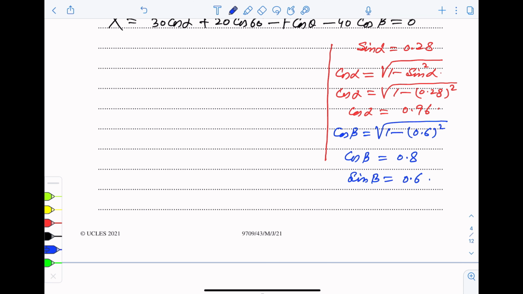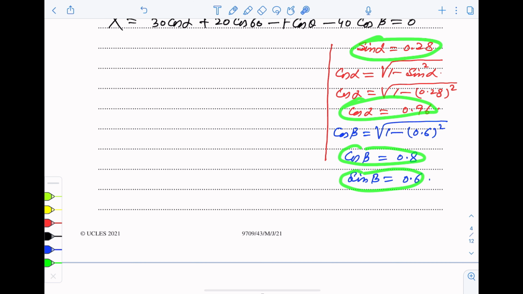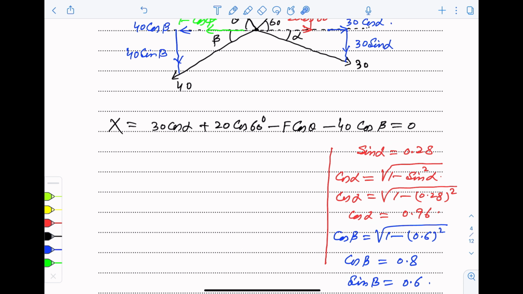Now putting these values here, we can find x. X will be 30 into 0.96 plus 10.